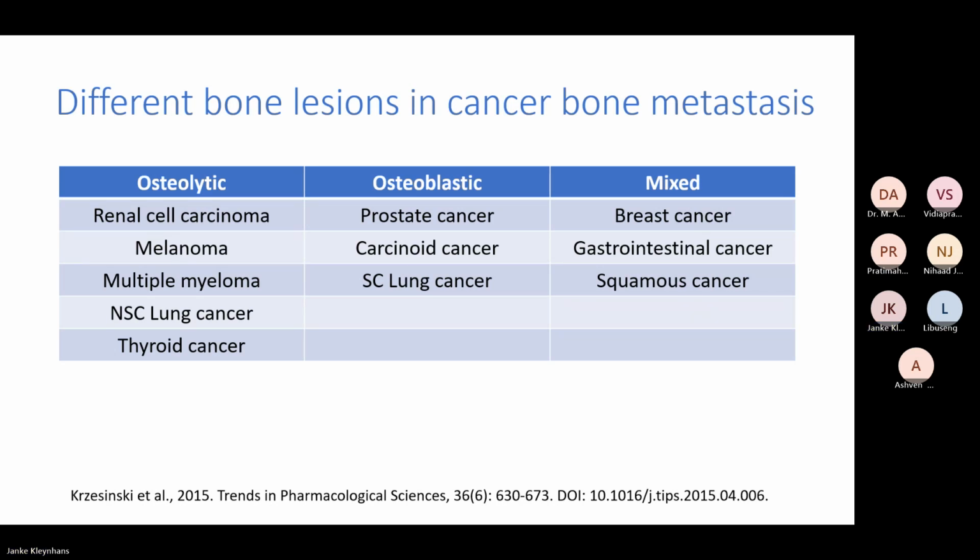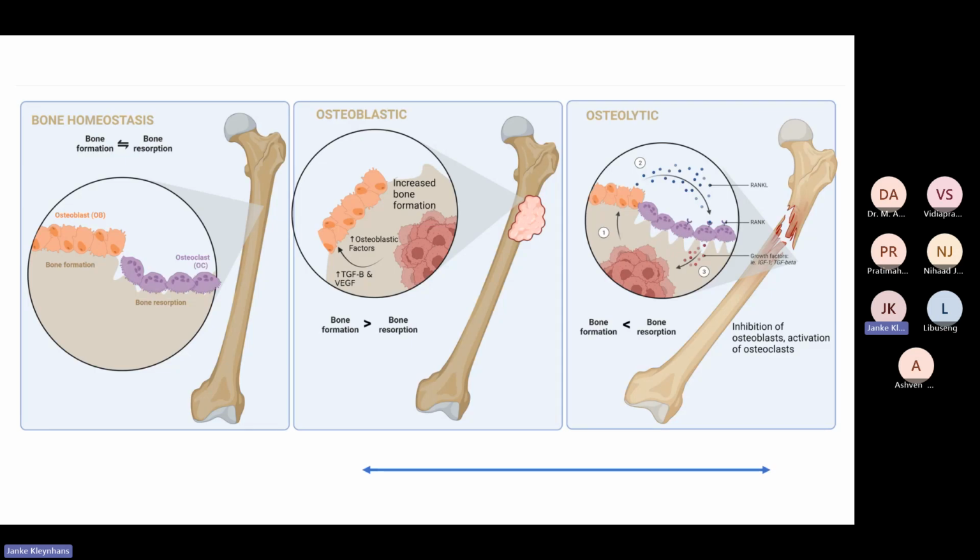So bone homeostasis is the balance between bone formation and bone resorption, and this is often in balance. That's why it's called homeostasis, I guess. You have your osteoblasts that form your bone, and you have your osteoclasts that resorb your bones.